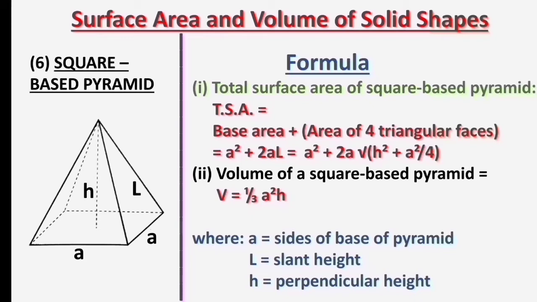The volume of a square base pyramid is 1/3 times a squared times the perpendicular height. a here represents the size of the base of the pyramid.